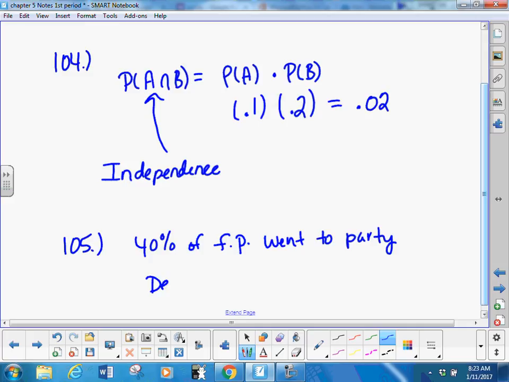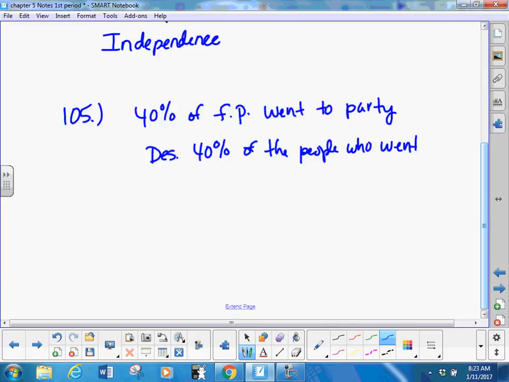We want to describe the 40% of the people who went to the party. Let me just show you the correct way to describe it, and then we'll talk about why the other ways are wrong.